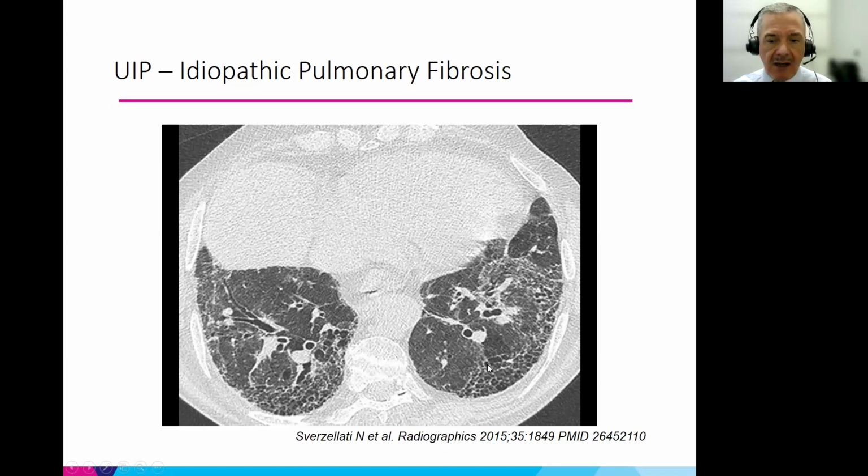The cystic formations here in layers. The traction bronchiectasis with the dilatation of the distal bronchi, and bronchiolectasis.